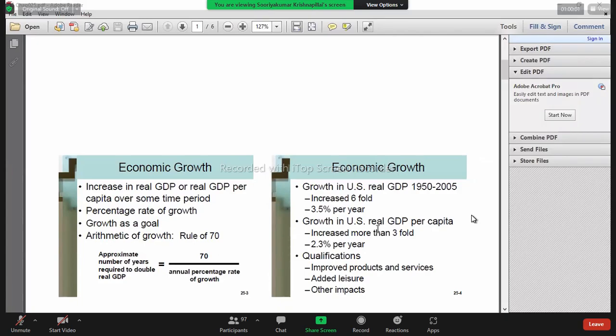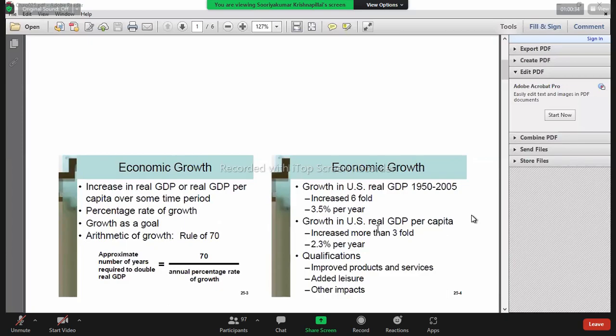There is a rule of 70 that is used for rough estimation of when a country doubles its GDP. Now, if our country's GDP is 100 billion rupees, then it will be 200 billion rupees.